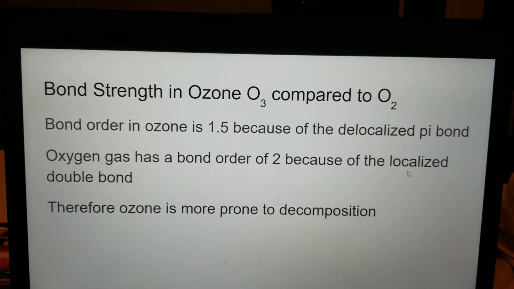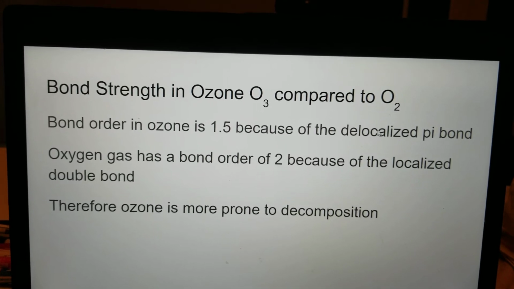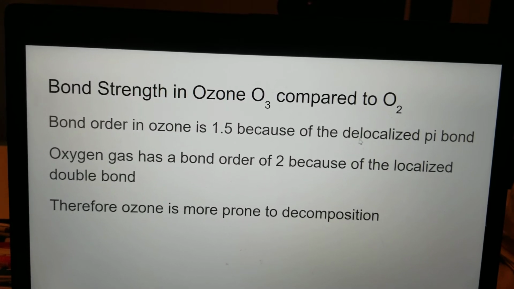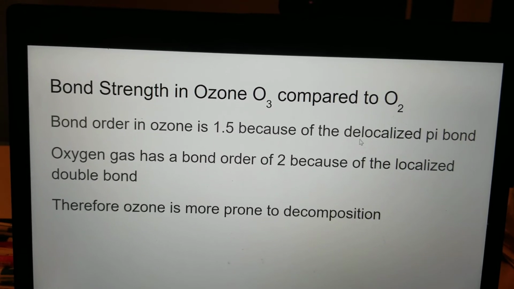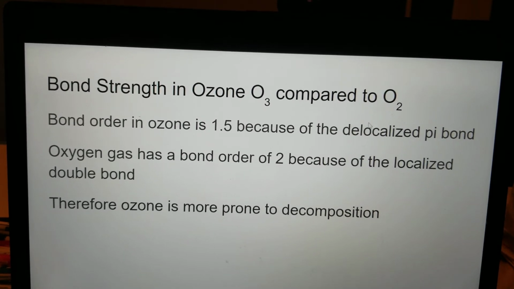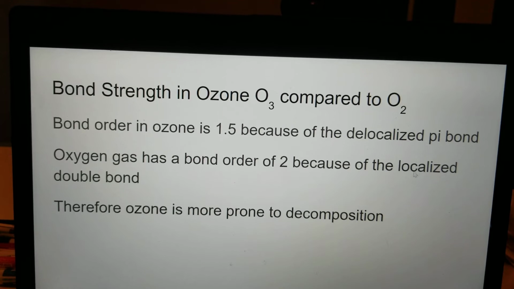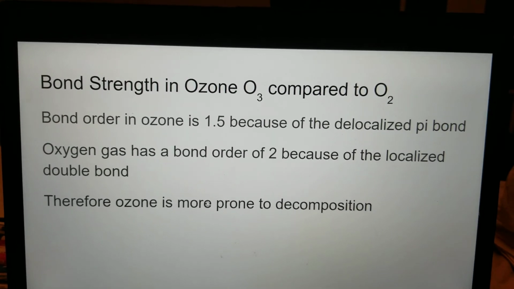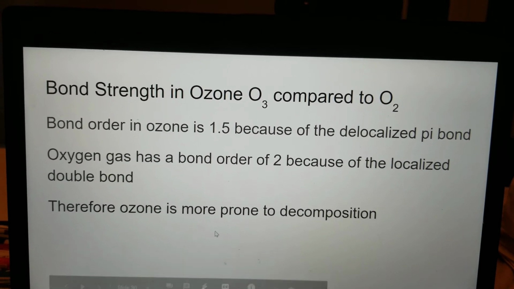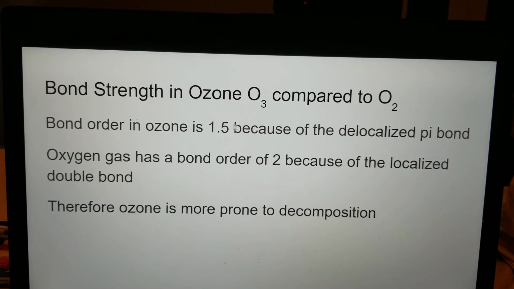Localized means that the electrons are not going to move. Delocalized means that the electrons can move. Delocalized, like right now, we cannot delocalize from our houses, right? We have to stay localized in our houses. We can't move, okay? So ozone is going to be more prone to decomposition because of that lower bond order.